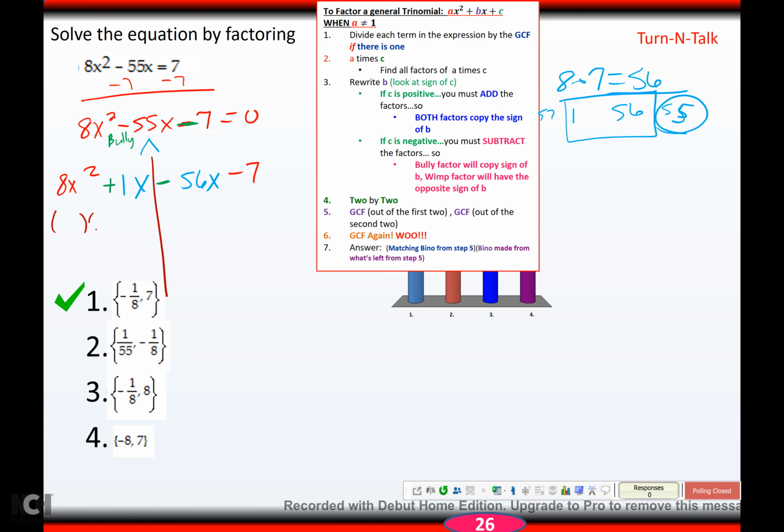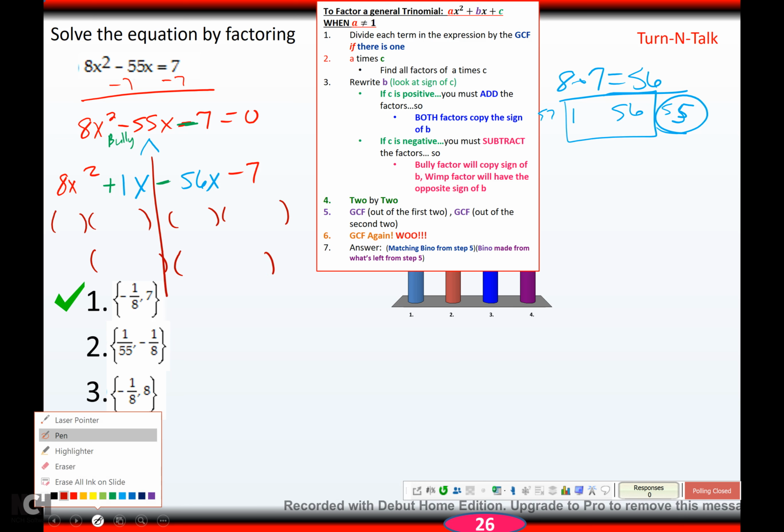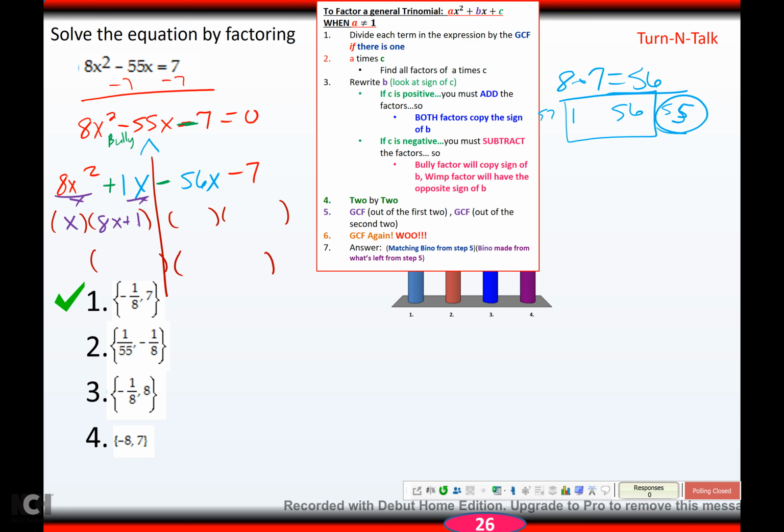So GCF again. Alright, the only thing that they have in common on the left is an x. So my GCF is x, which would leave 8x plus 1. What these guys have in common is a 7. And sometimes, guys, you can use the first one as kind of a clue as to what you need to do.